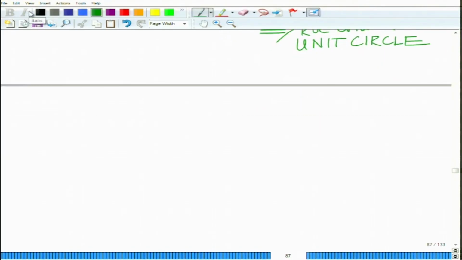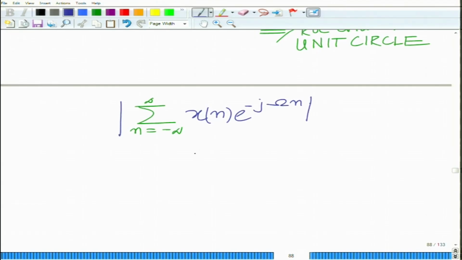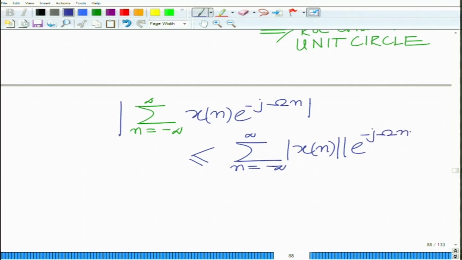For instance, if you look at the summation n equal to minus infinity to infinity x[n] e raised to minus j omega n, the magnitude of this sum is less than or equal to the sum of the magnitudes of x[n] e raised to minus j omega n.